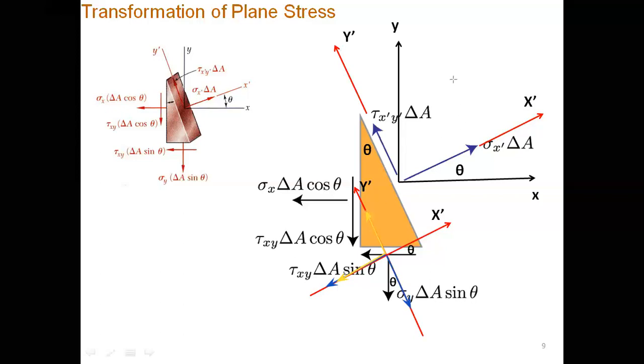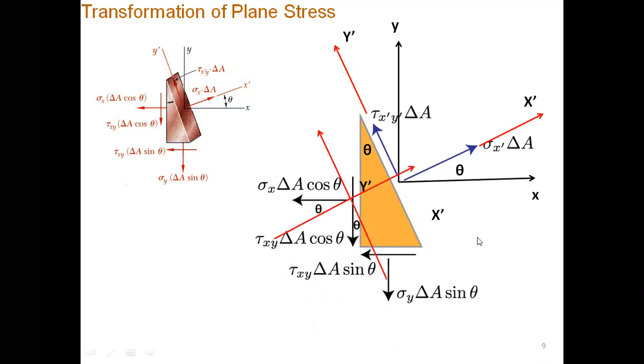Let's clear our drawing. So we have resolved these two forces into their rectangular components along x prime and y prime. Next, we have to resolve these two forces into their rectangular components along x prime and y prime.